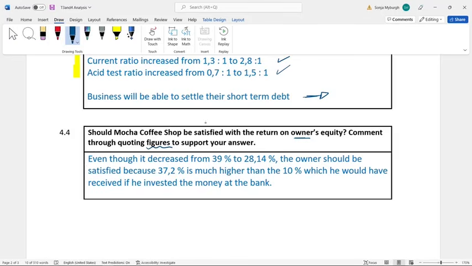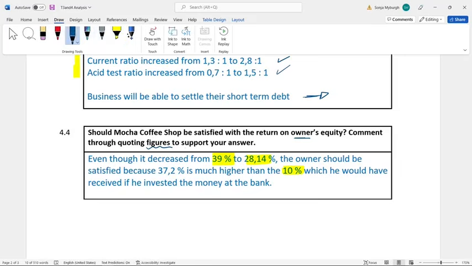We saw that the previous year, the percentage was 39%, and now we've calculated it as 28,1%. So there was a decrease, but we know that the owner must still be satisfied because it's still more than the percentage on the fixed deposit that he will earn at the bank.